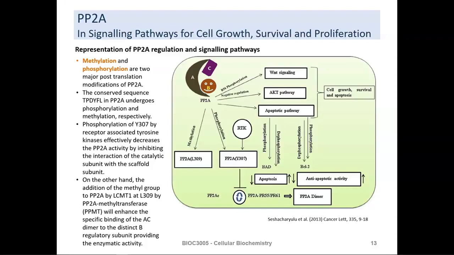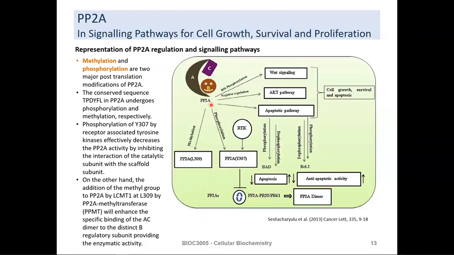Where we have phosphorylation of the tyrosine 307, and this occurs by receptor tyrosine kinases, this will decrease the PP2A's activity. So we have an inhibitory signal.